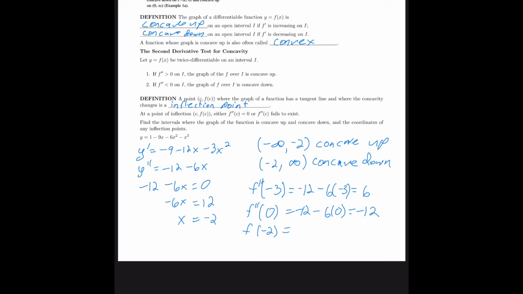And then to find the inflection point, I simply find f of negative 2. So plug that value, negative 2, into the original function: 1 minus 9 times negative 2 minus 6 times negative 2 squared minus negative 2 cubed.